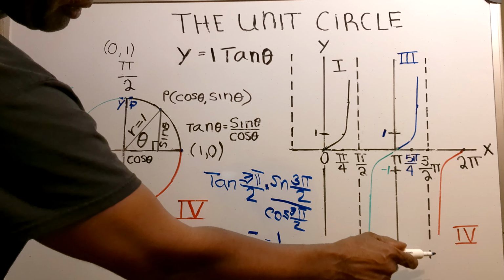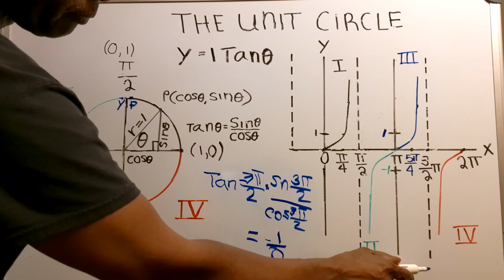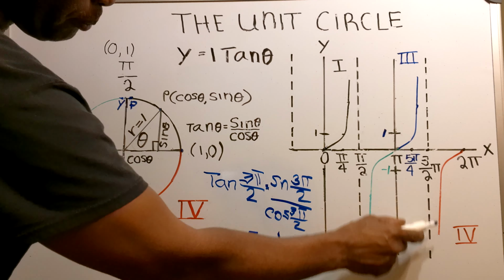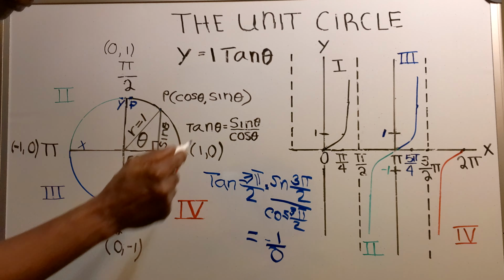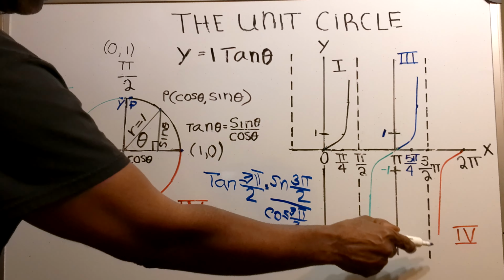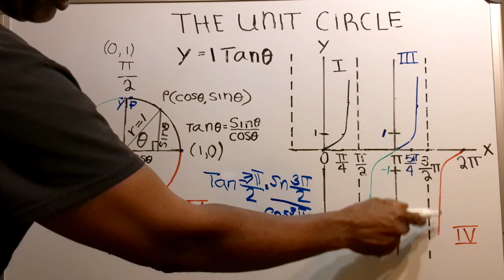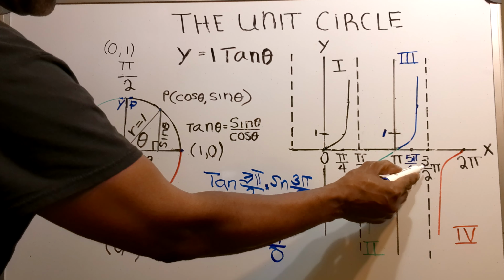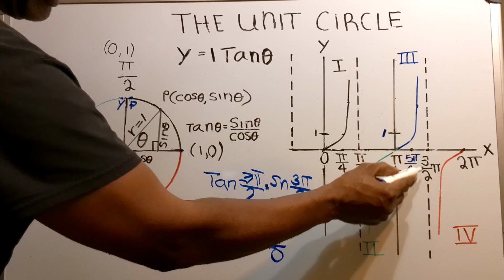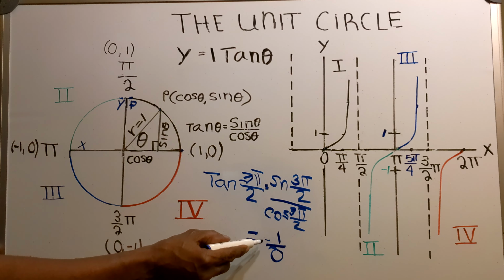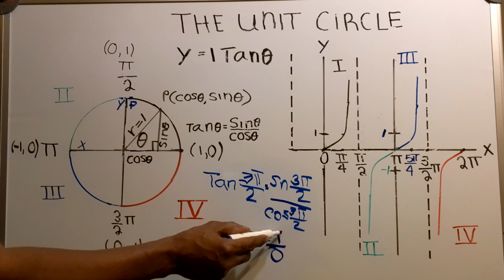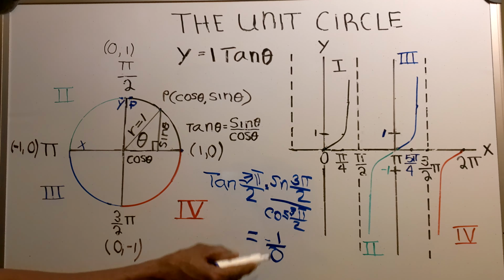Quadrant 4 will start somewhere negative, and it can go to minus infinity all the way to 2 pi. And again, the graph in quadrant 4 never touches 3/2 pi, because 3/2 pi will give you minus 1 over 0.